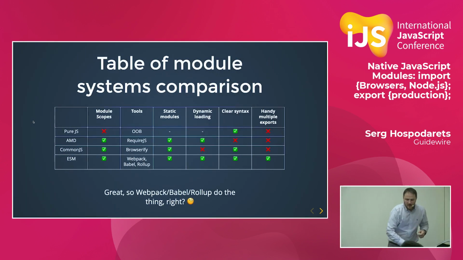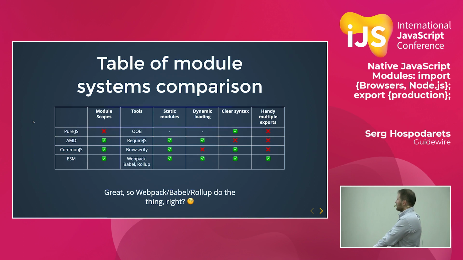So let's compare once again all the module systems together. Module scopes are actually available everywhere except pure.js. Yeah, we already described it. You can do some functions, but you cannot properly load modules. Tools are available everywhere except pure.js. There are some tools.